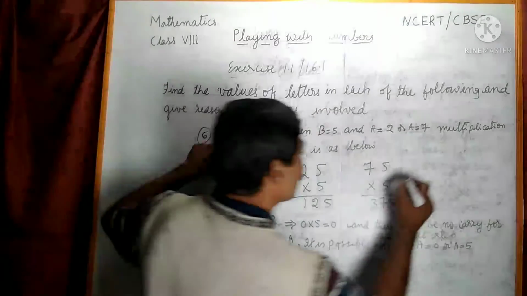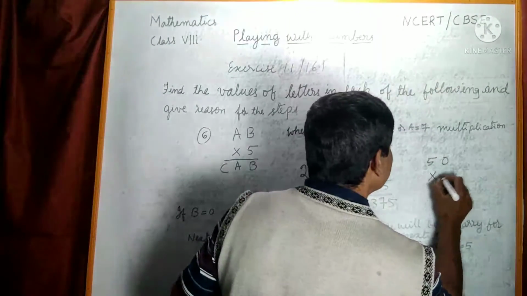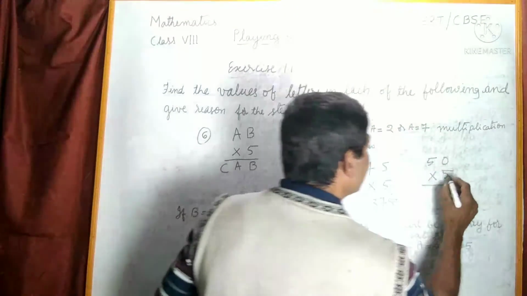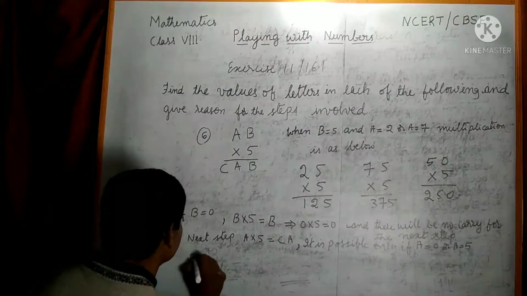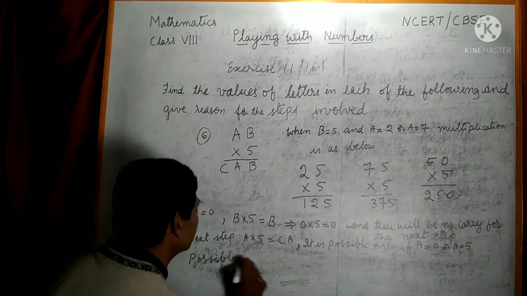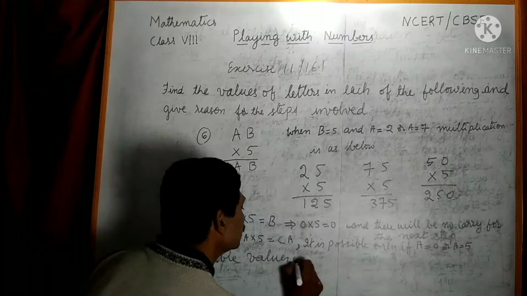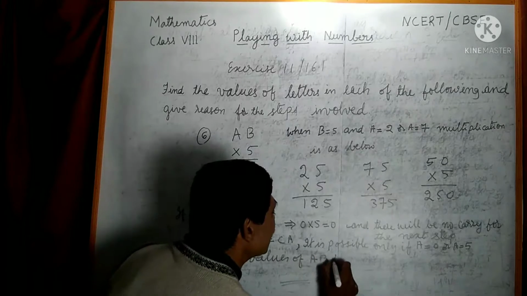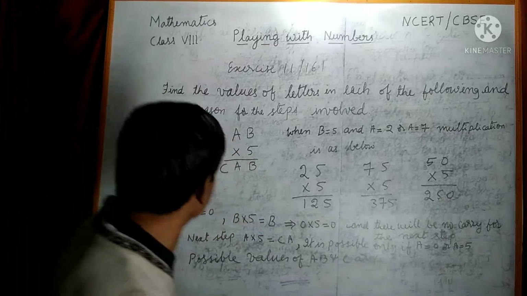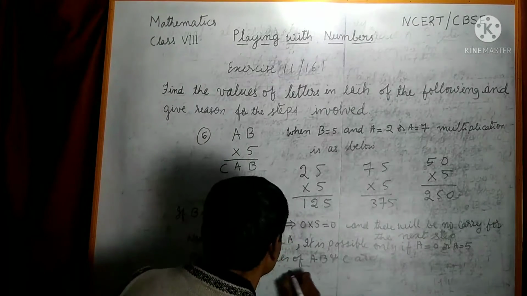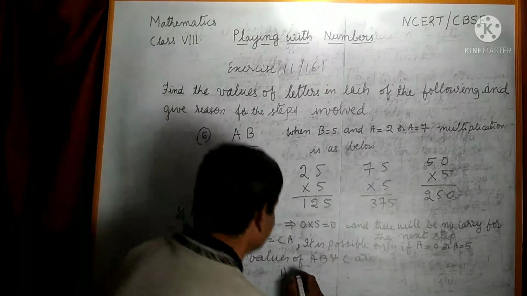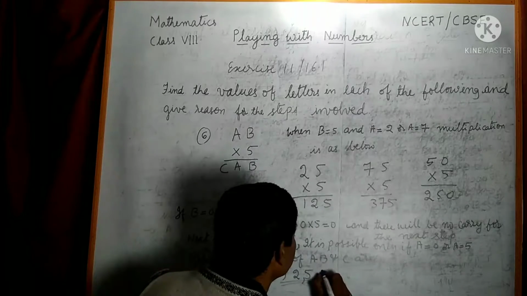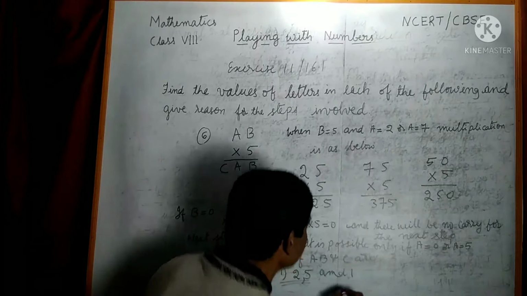Here we will take A is equal to 5 and B is equal to 0, 5 into 50 is equal to 250. Therefore, possible values of A, B and C are: first one, A is 2, B is 5 and C is 1.